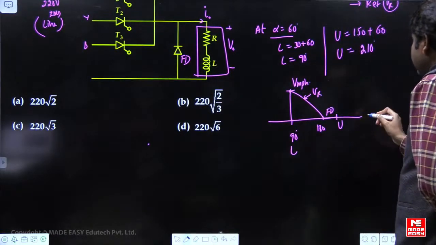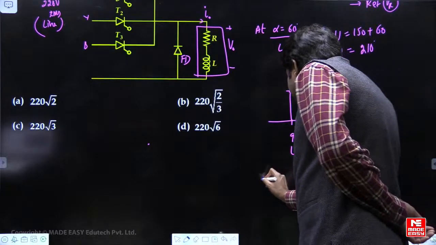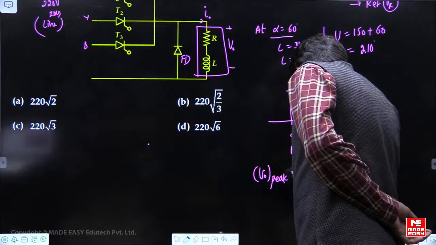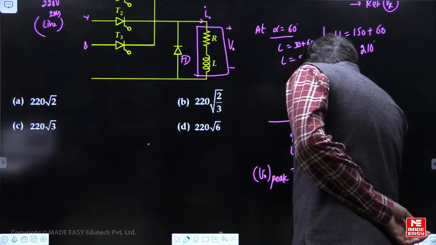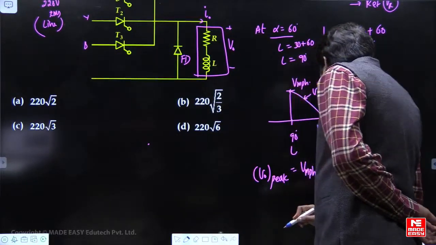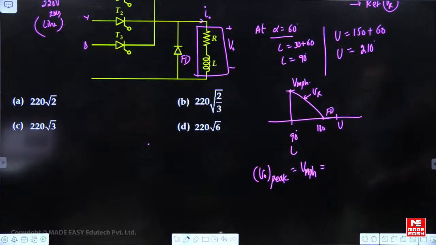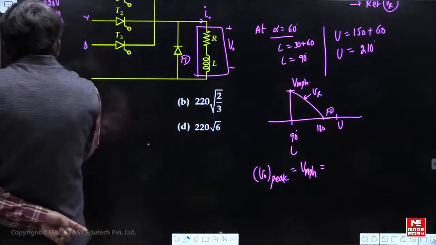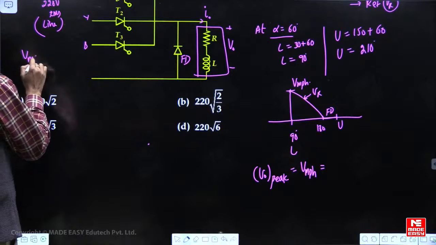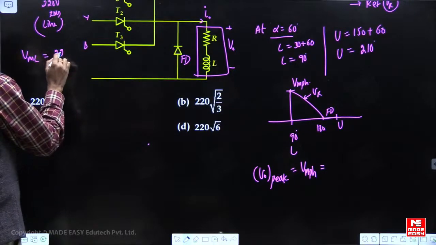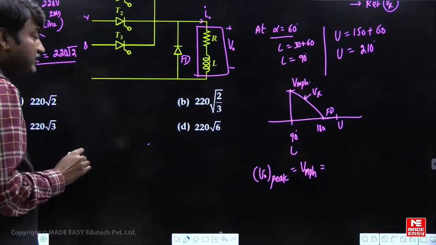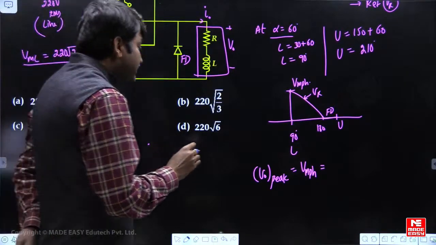So the peak value of instantaneous output voltage is the peak phase voltage. How do you find the phase voltage? Given the line voltage RMS, no? So here, what is the peak line voltage? It is 220 into square root of 2. That is the peak line voltage. So what is the peak phase voltage?